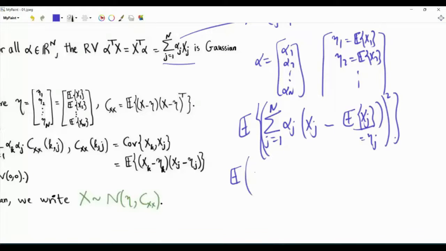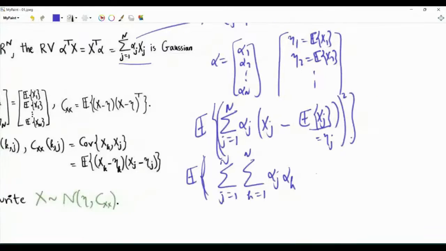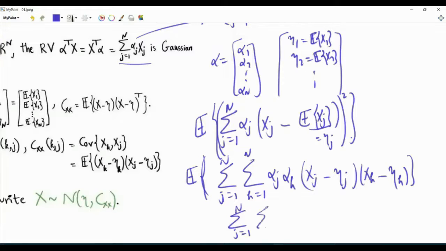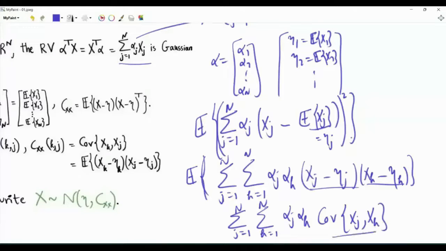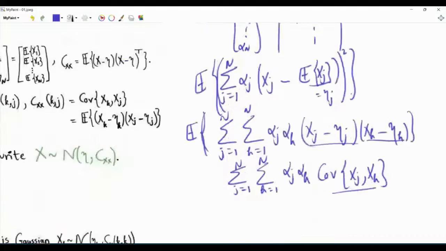The square of the sum is a double sum, and then we will have xj minus eta j and xk minus eta k. By linearity of expectation, this is summation j from 1 to n, summation k from 1 to n, alpha j alpha k. Applying the expectation to this yields the covariance of xj, xk, because the covariance is simply the expectation value of the product, xj minus its first moment times xk minus its first moment.